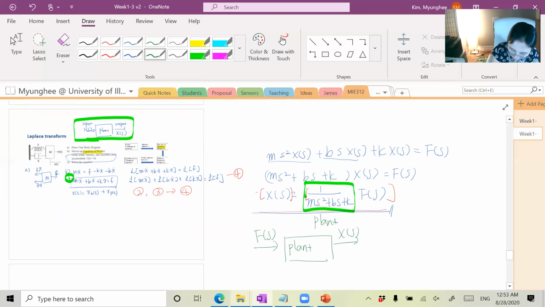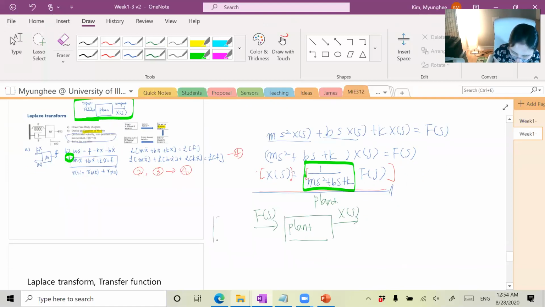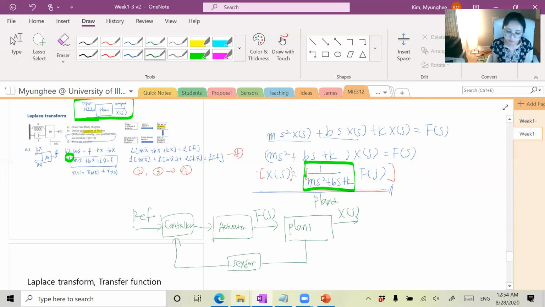Then later, you can add an actuator and a controller, and a sensor. Then you can use this functional block diagram to design your controller to have the desired output, such as X(s).